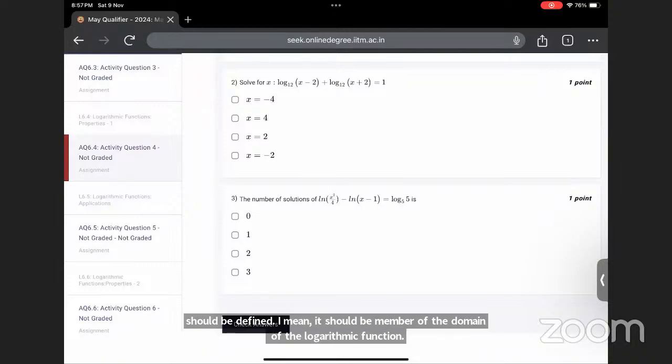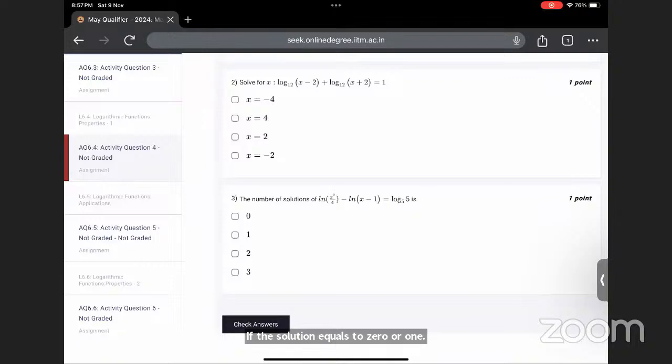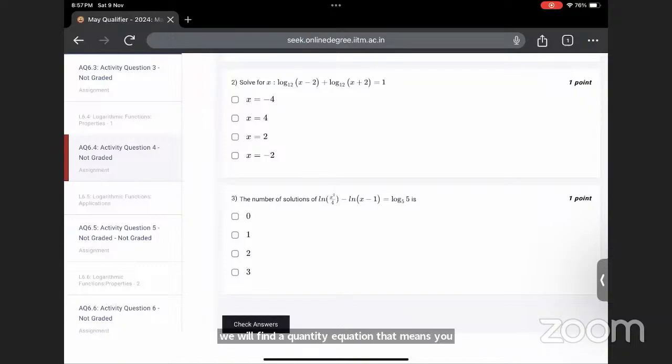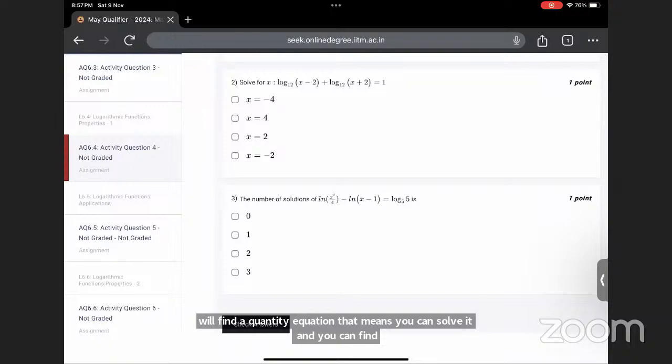If the solution equals 0 or 1... Ma'am, the number is greater than 0. Okay. We will find a quadratic equation, so you can solve it, and you can find a maximum of two real solutions, right?